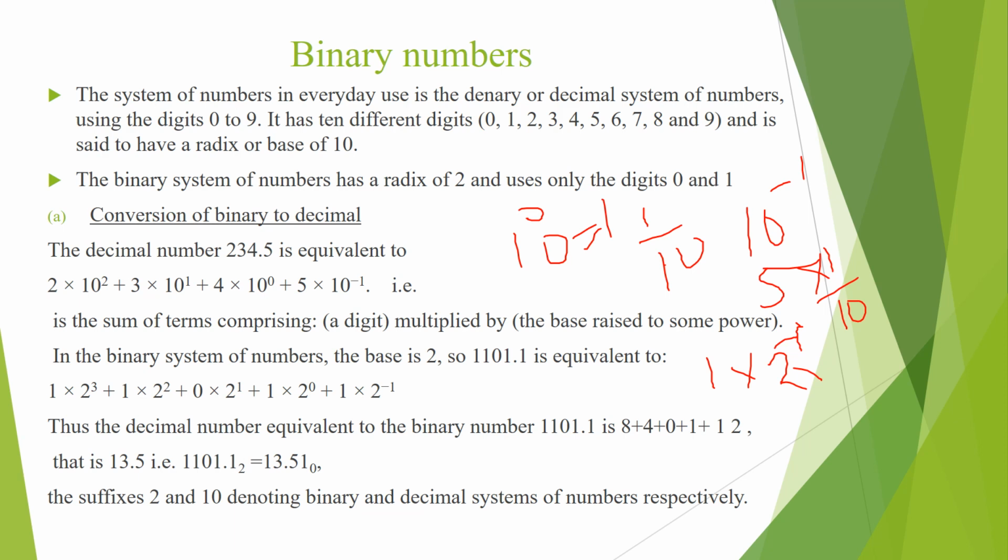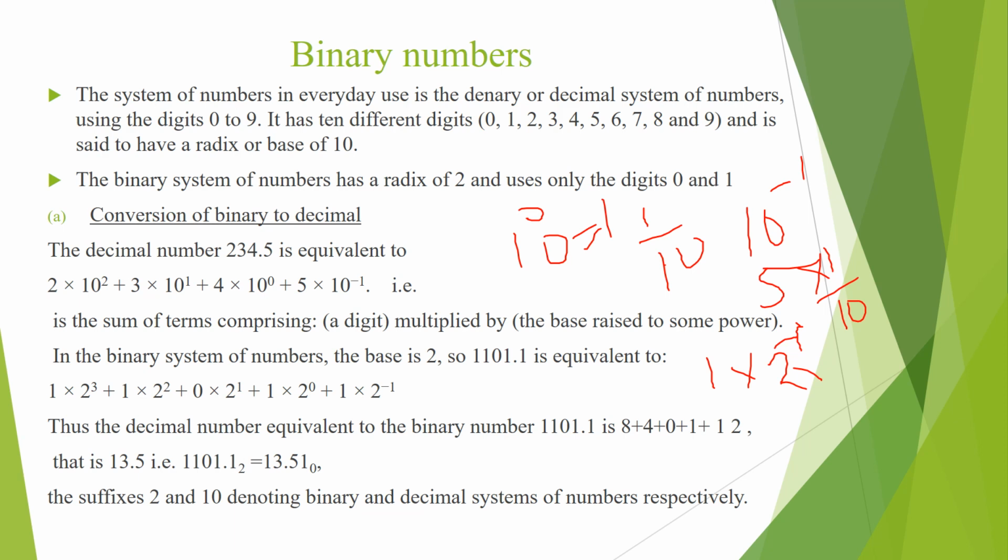If we sum these up, we get the decimal number equivalent to the binary number. If we work out the first one, we get 1 times 2 raised to power 3, which is 8.